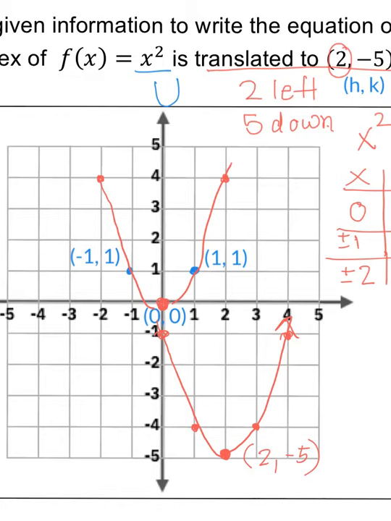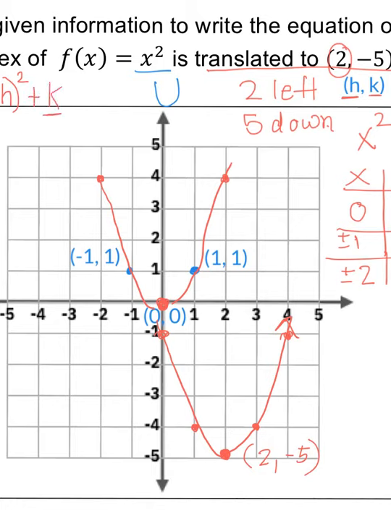So the 2 is the h, and the k is negative 5. If you go back and look at the original expression that we have, with an h and a k in it, remember, it's x minus h, the h value is being done to the x squared, plus a k value.